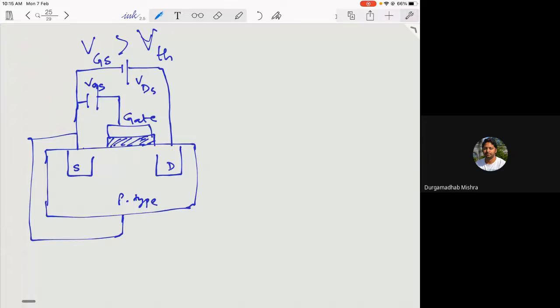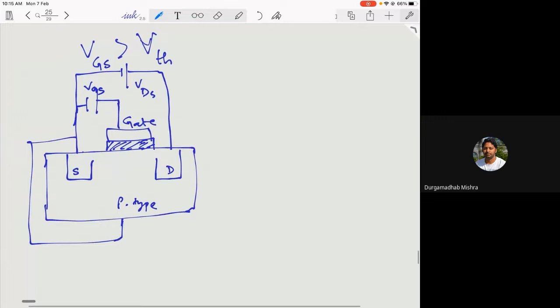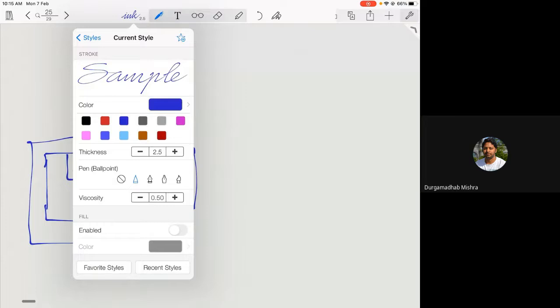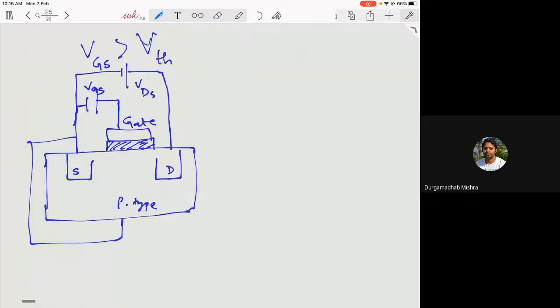So now when your gate voltage is greater than threshold voltage, in that case what happens, there will be a channel that will form between your source and drain, just underneath your gate, the insulating gate.